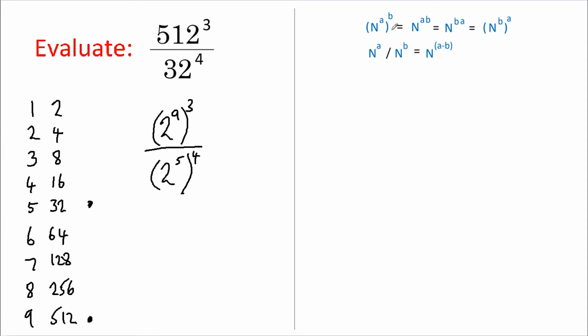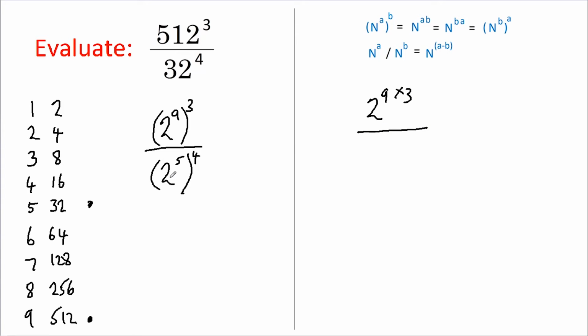Now, this first rule here tells us that if we have a number raised to a power and that's raised to another power, we can rewrite it as that same number raised to the 2 powers multiplied together. So let's do that. This becomes 2 to the power of 9 times 3.